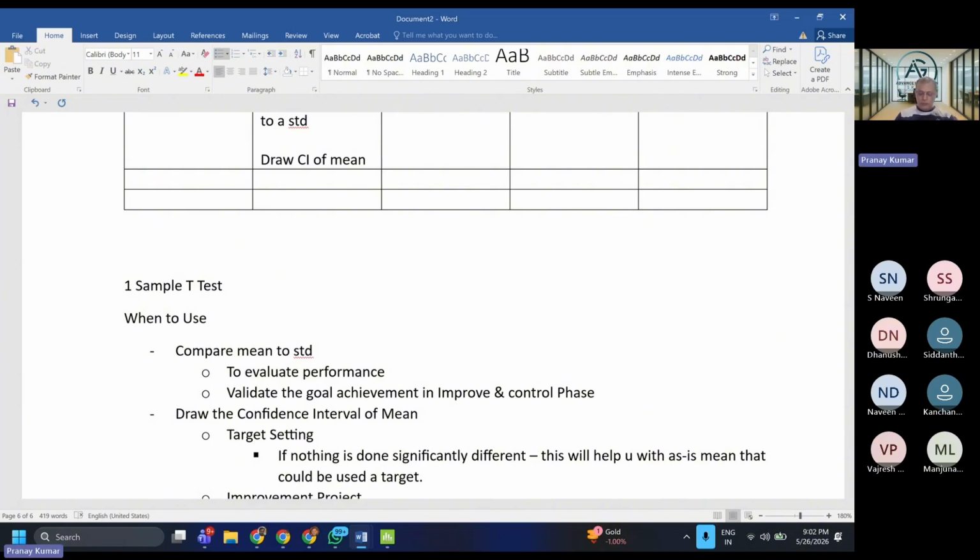If this was your Six Sigma project, and you gave me a target that I will reduce it to 11, unless you show me statistical validation, I will not agree to your improvement done statement. Clear, everyone?